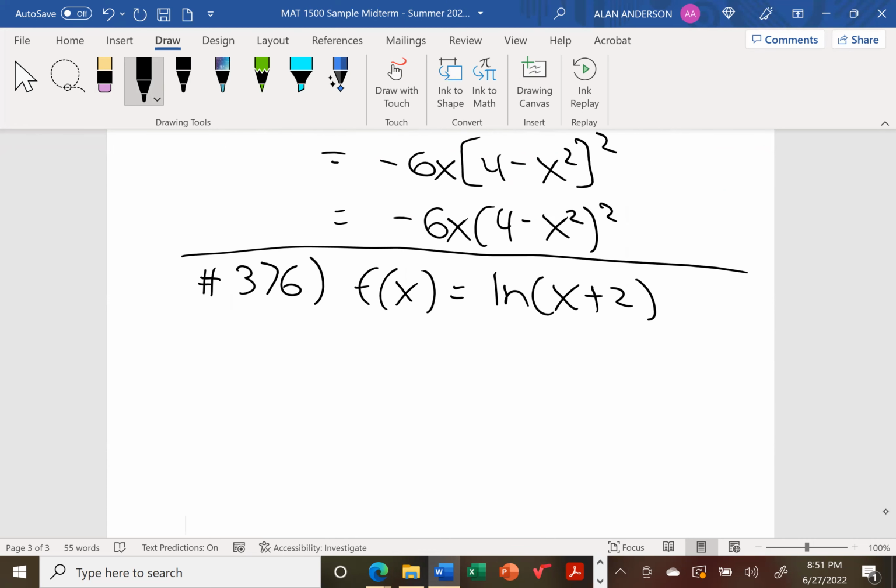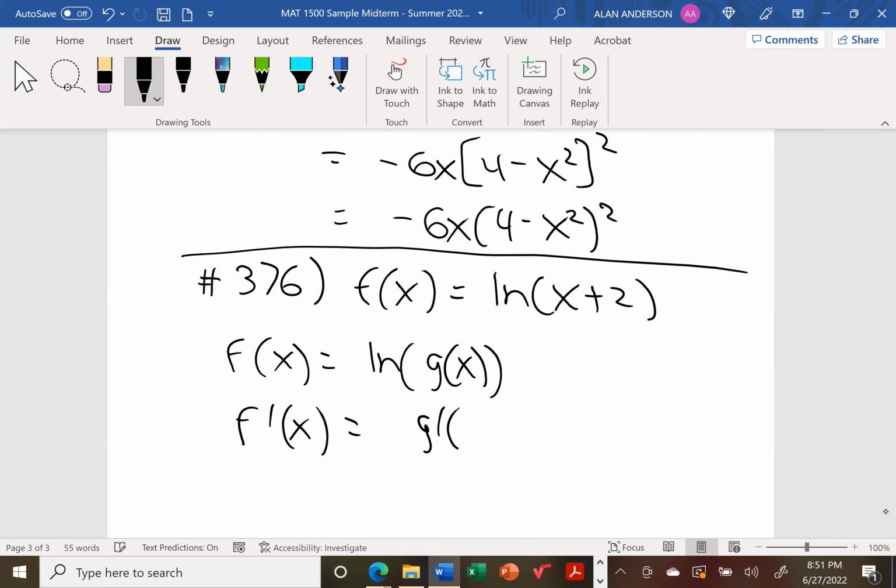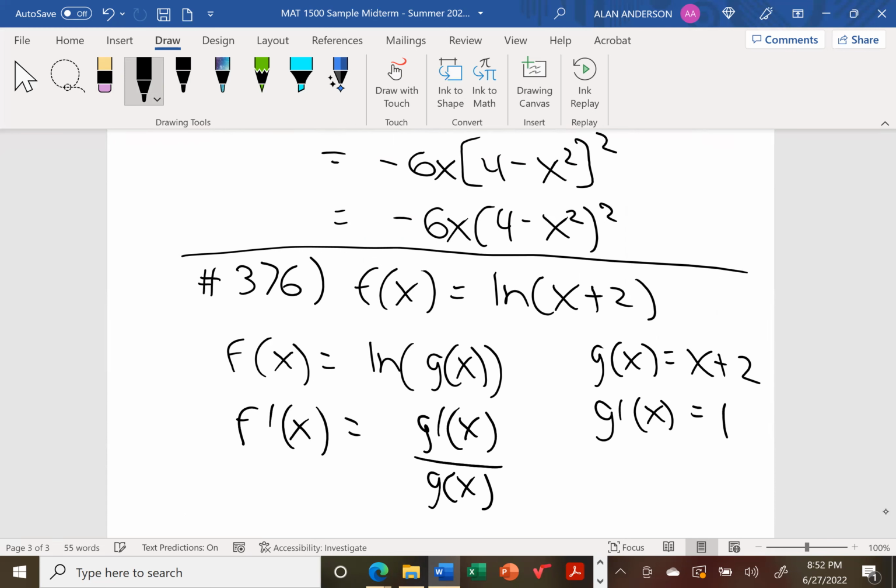All right, you might recall that if f of x is the log of g of x, then f prime of x is g prime of x over g of x. So in this case, g of x is the x plus 2, and therefore g prime of x is simply 1.